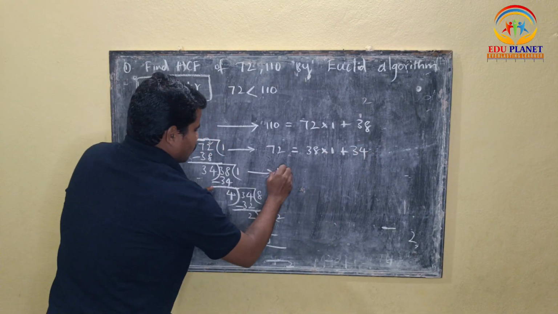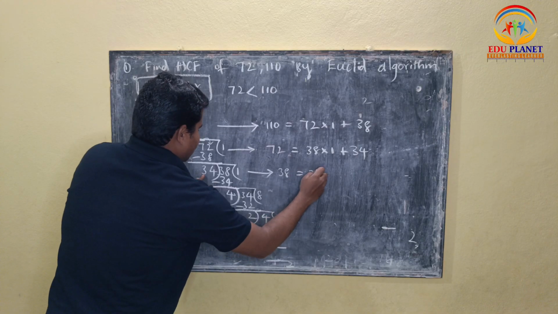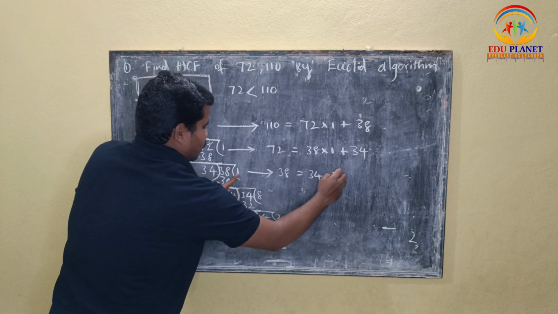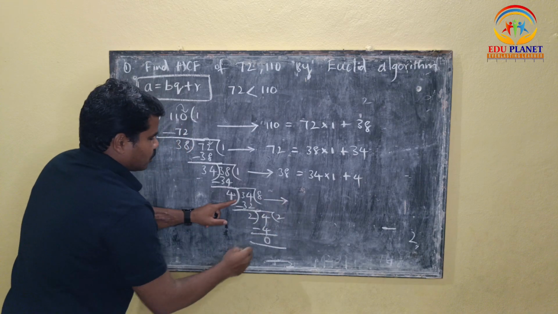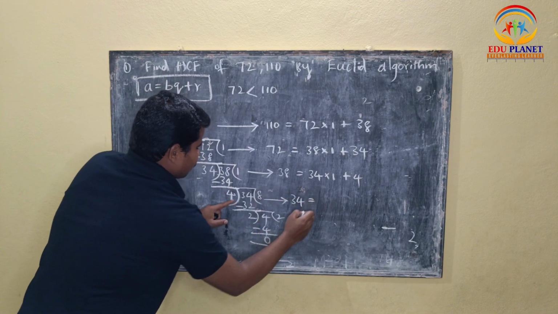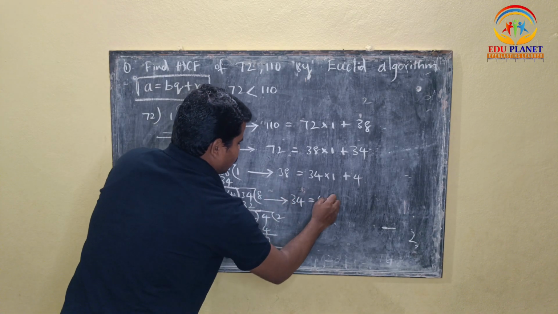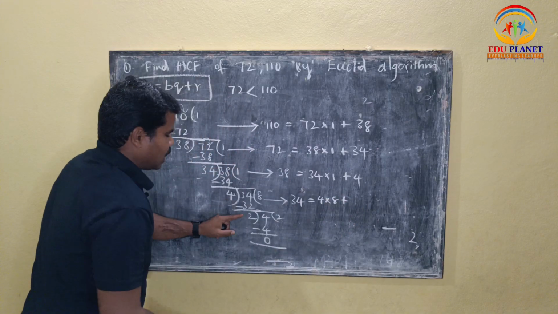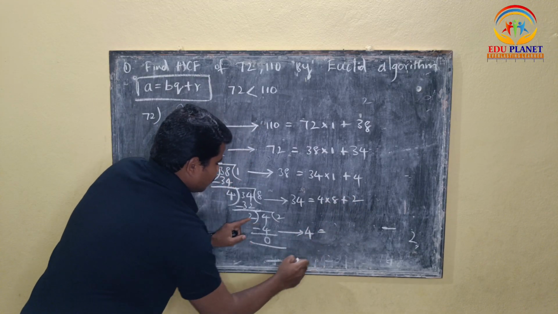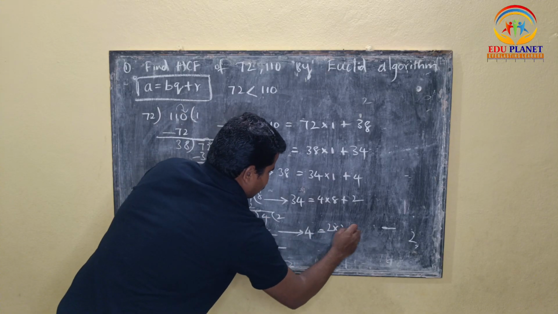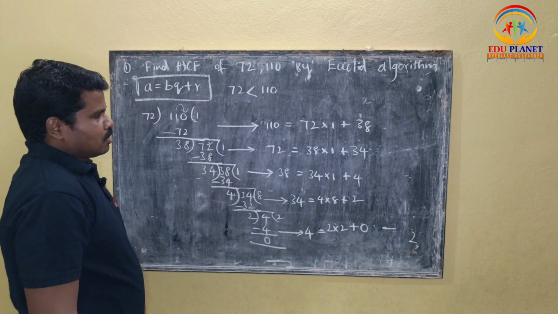Vice versa, dividend equals divisor into quotient 1 plus remainder 4 and 34 dividend equals divisor into quotient 4 into 8 plus remainder is 2. The last one, dividend equals divisor into quotient plus remainder.